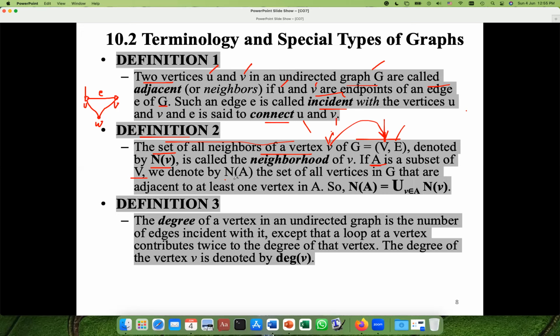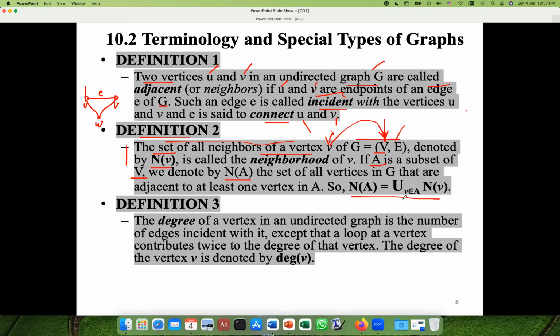Now you have to find the neighborhood of A. Neighborhood of that subset A, okay? Not capital V, not only one vertex, which we talked about here. No, neighborhood of A. So that neighborhood of A would be equal to union.